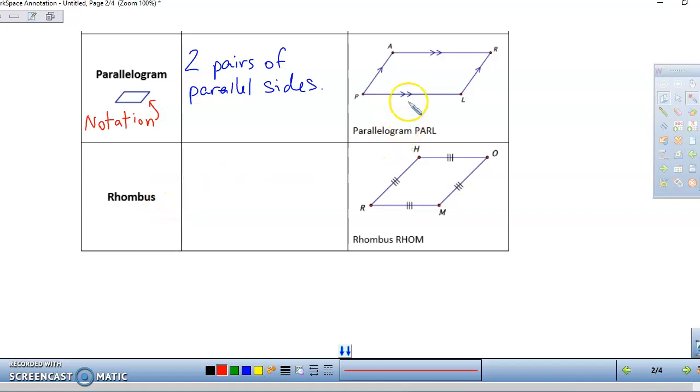So if you were looking at this picture and you see that you have two sets of opposite sides that are parallel, notice that we have two arrows, and two arrows just distinguishes those parallels from the other parallels. But you can also say, instead of writing the word parallelogram, you can say the parallelogram symbol, P-A-R-L.